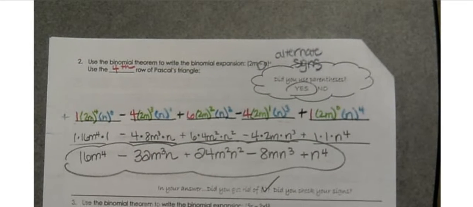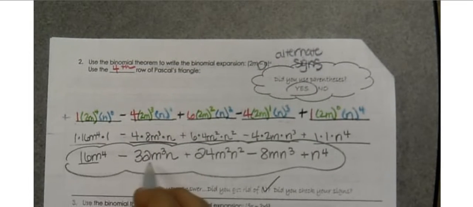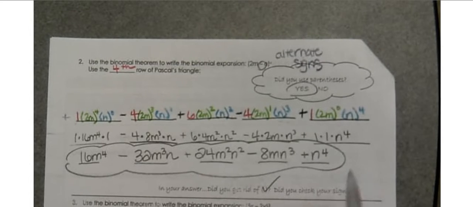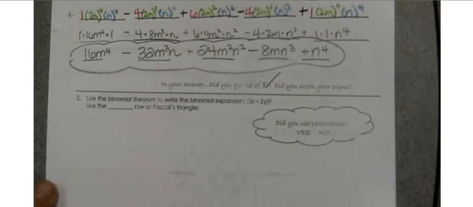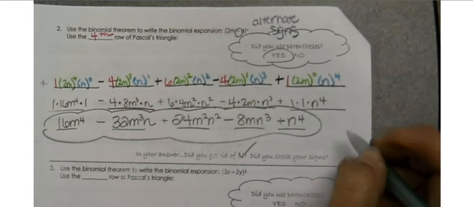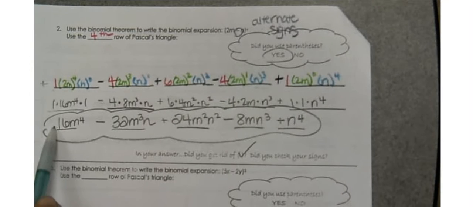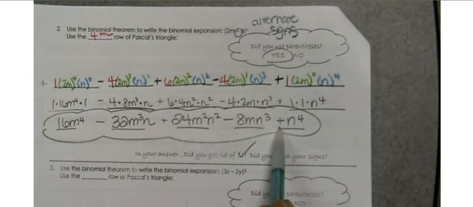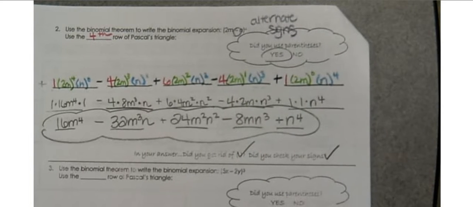And then there's a polynomial with 1, 2, 3, 4, 5 terms. Oh, and then my signs, sorry, because I alternated signs, again notice positive, negative, positive, negative, positive. Okay, so we checked our signs.